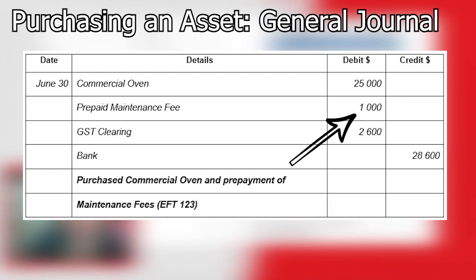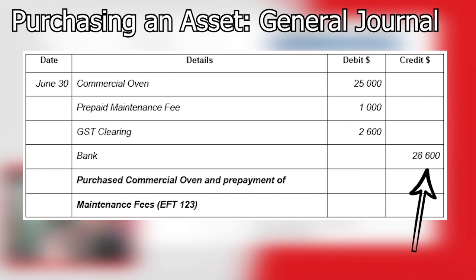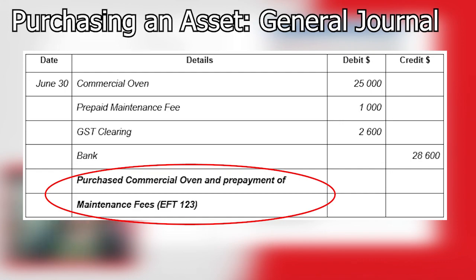And GST clearing $2,600 to cover the whole amount, and the bank $28,600. So everything on that receipt is there, or the EFT 3002. And that's purchase, commercial oven, and prepayment of maintenance fees. Whereas the installation fee, again, a product cost.